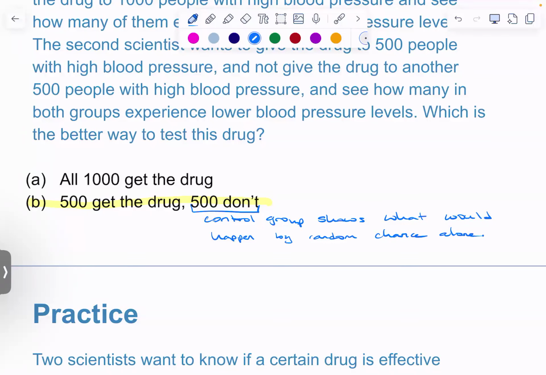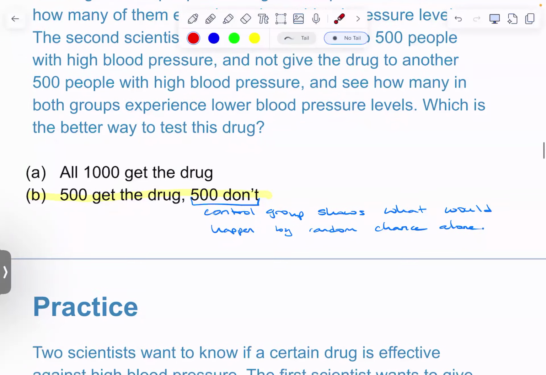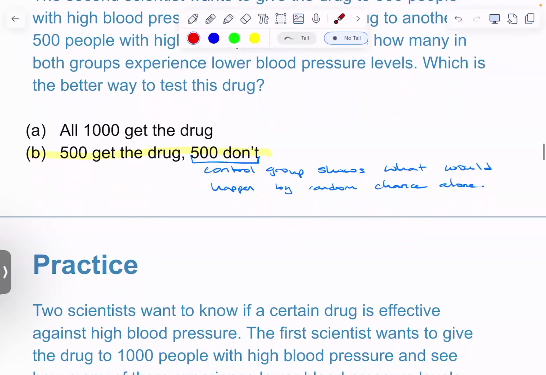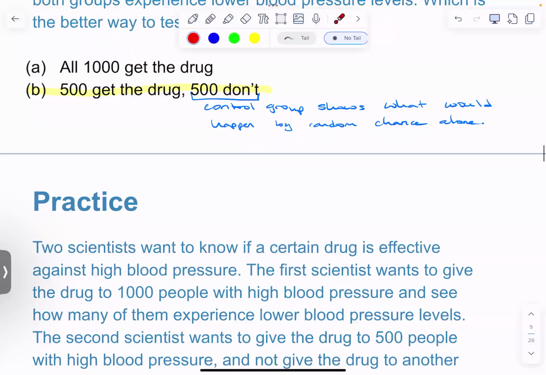Because here, if you have a drug and it might be some pill, you can give the control group a sugar pill and they think that they're getting this drug, and that can be very effective, right? Just thinking that you're getting this miracle drug is going to help you, right? And a large amount of the time, it does help. So who knows?